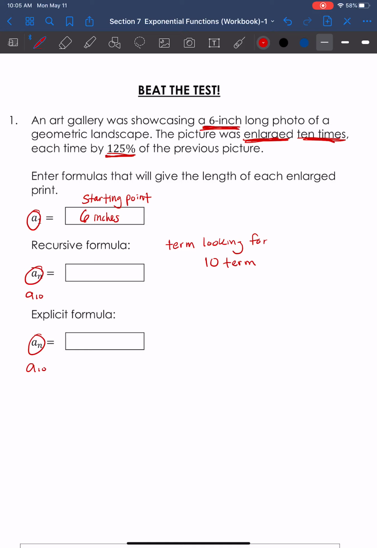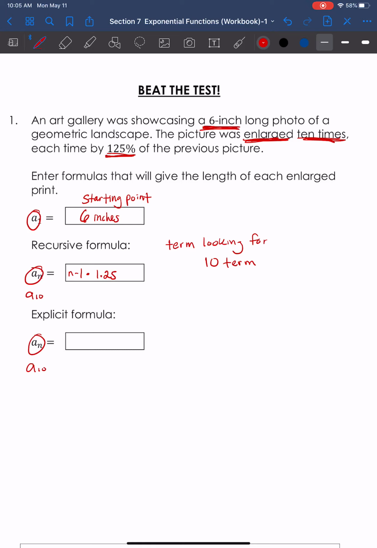So for our recursive formula, what we would do is take whatever the previous term was and multiply it by 1.25. That's the same as 125%. As a decimal, that's 1.25.